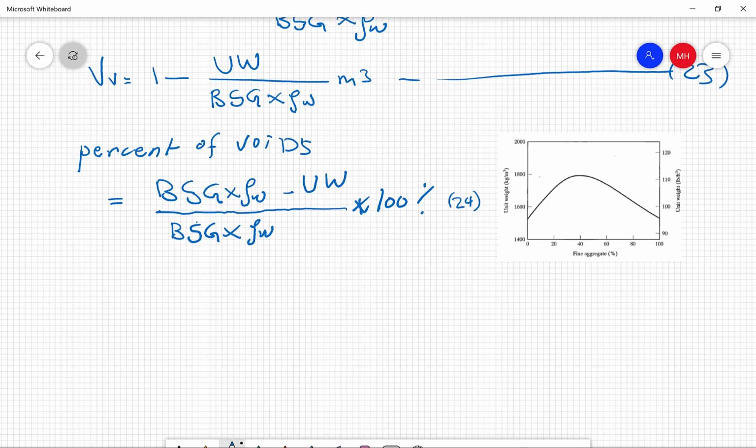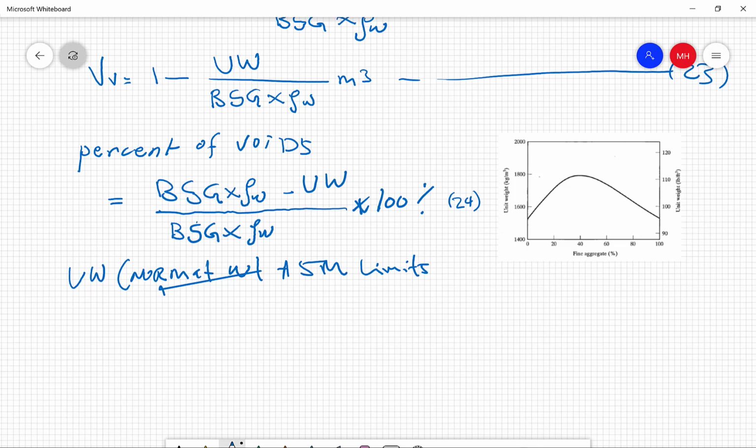As we mentioned before, guys, the unit weights of both fine and coarse aggregates, normal weight aggregates, fall within the ASTM grading limits range. As we said, the unit weight, normal weight, based on ASTM limits.